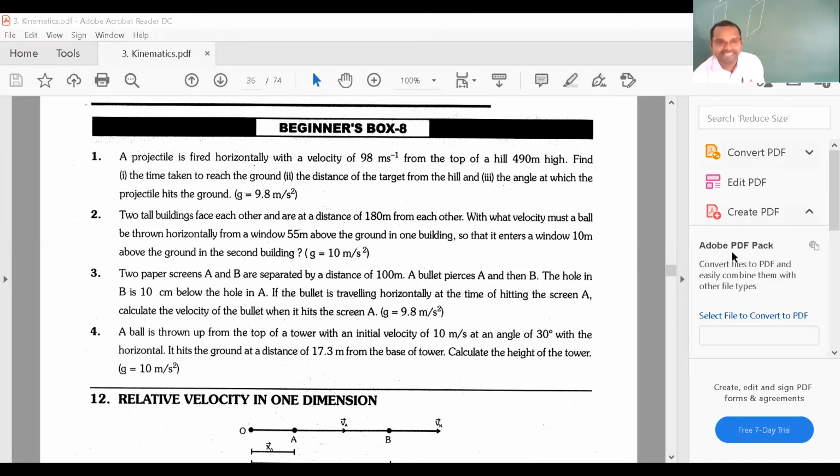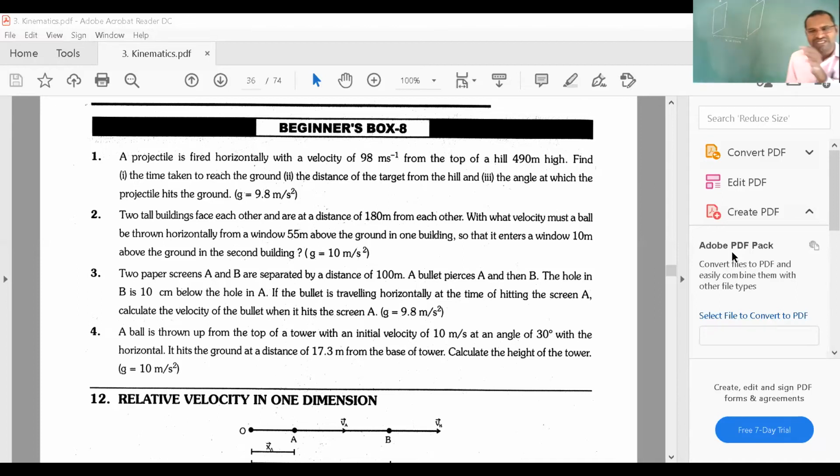Now, what they are saying is that there are two paper screens A and B, and these two are separated by how much distance? The separation between these two screens is x equal to 100 meters. X means horizontal, 100 meters.